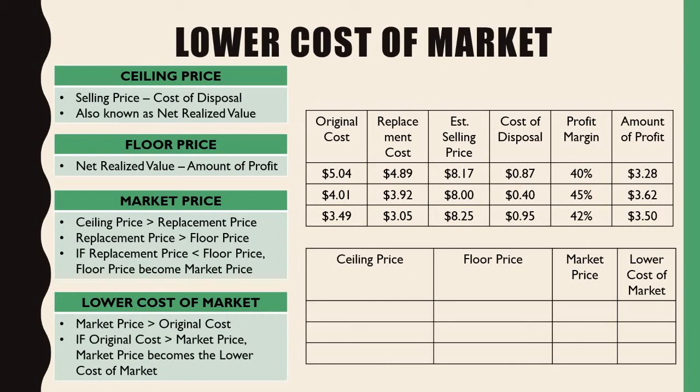Let's take a look at the right side before we introduce the left side. On the right side, we have items that we originally purchased at a certain price. But due to the market, it tells us that it should cost only this much money. And then the estimated selling price is what we determine, because this is how much we want to sell it for based on a percentage of profit that we want to earn.